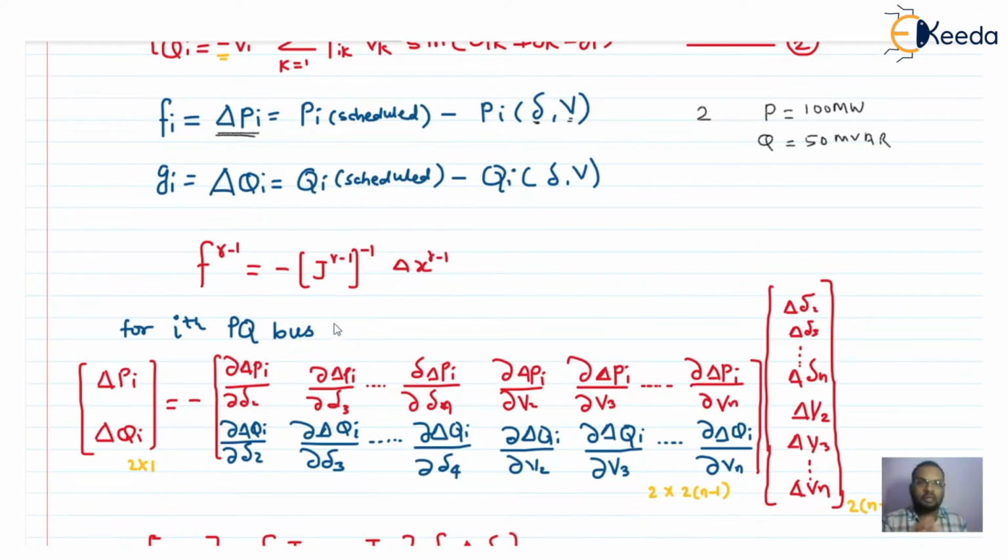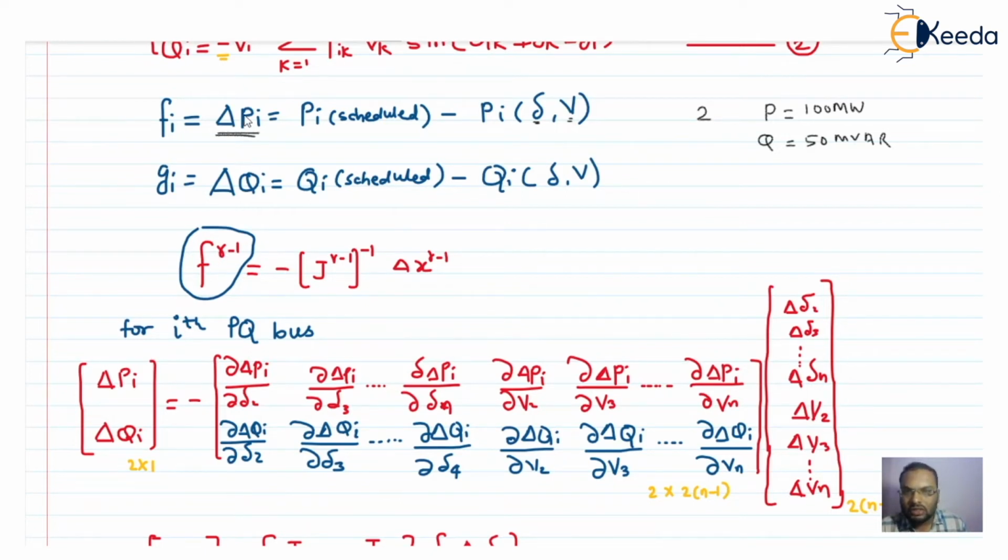Suppose on any bus, let's say the ith bus, which will be a PQ bus, I can write the change in P_i and change in Q_i equal to, applying the same thing, the function f of (r minus 1), meaning the function in the preceding iteration.